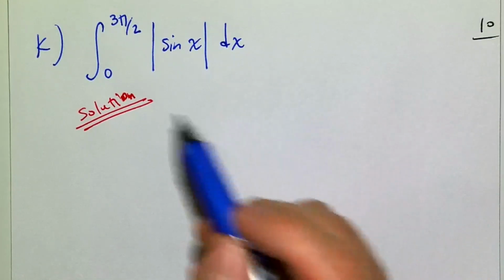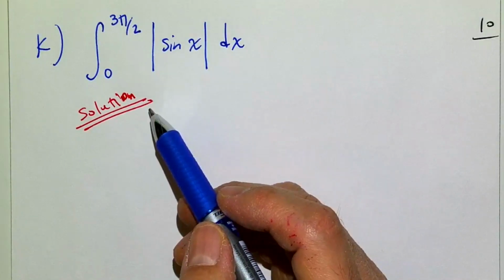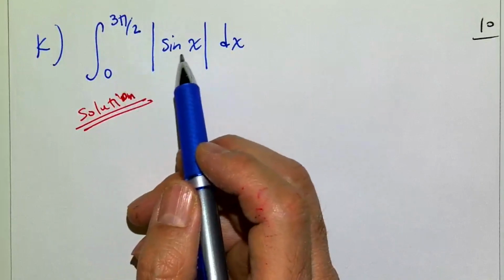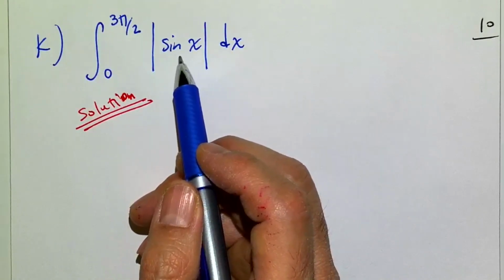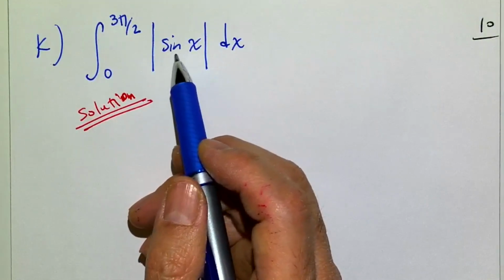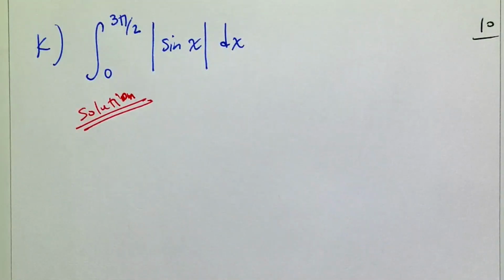So the first thing we want to do is that, because this expression says 0 to 3 pi over 2, and this is an absolute value, we have to break this up, right? And when we do that, we're going to end up with two integrals, just like we did in the previous example.